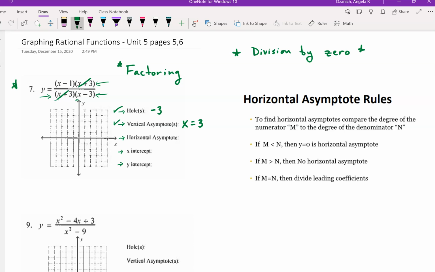Now, horizontal asymptotes. This gets into some of the learning that we were just bridging into last time, and we hadn't quite gotten to yet. I think this is a nice little summary here of analyzing your horizontal asymptote. You need to remember that when we think of the degree of the numerator m and the degree of the denominator n, that is when it's completely multiplied out in standard form.